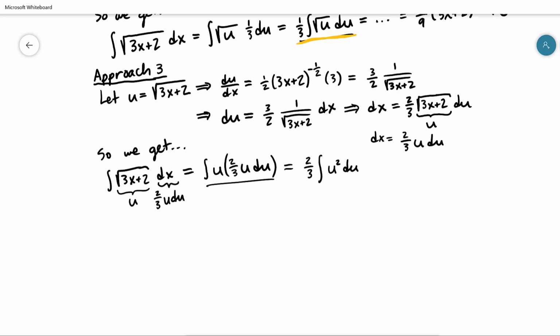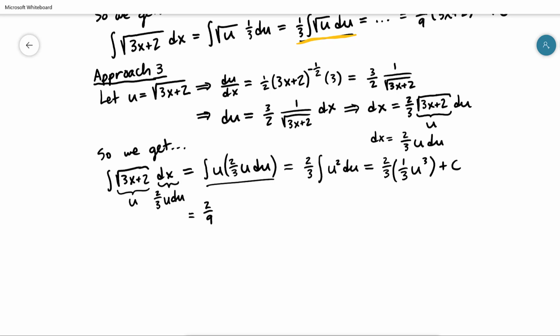which looks good so far. What is the integral of u squared? Well, that's going to be 1/3 u cubed plus c. And plugging in for what u was, cleaning this up a little bit, that 2/3 times the 1/3 is going to be 2/9.